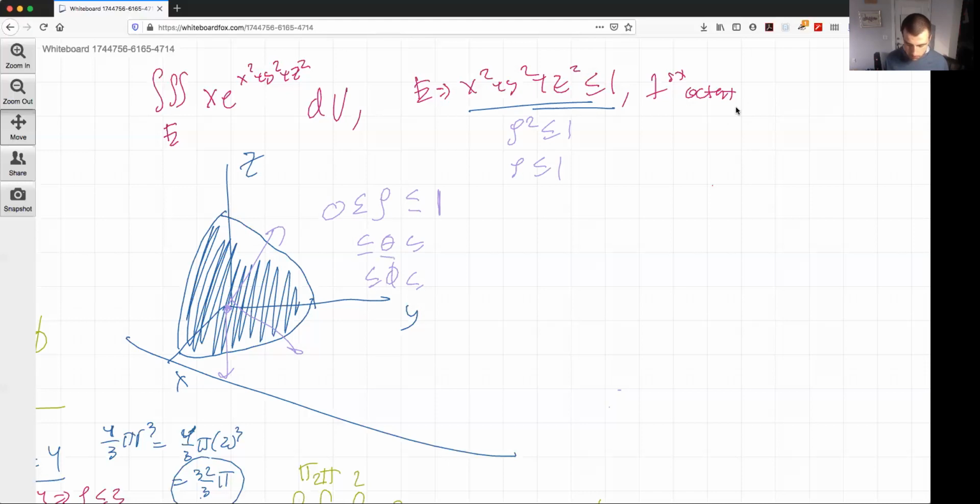Theta, what I do for theta now is always project onto the xy plane. What does this look like when I project down? Well, I hope you'd agree, it's just this quarter circle here. Again, I do not care about the radius. It's the radius of 1, sure, but I don't care.